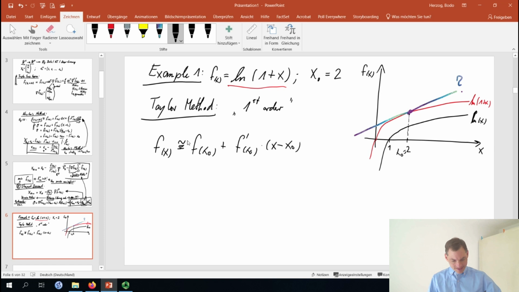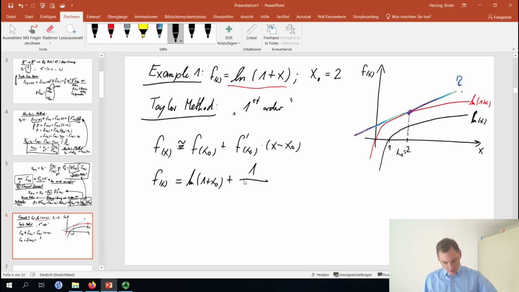Okay, if this is the case, let's do it. Well, this function f of x is then the log function at my reference point, log of 1 plus x0, plus the derivative of this log function. Well, what is the derivative of the log function? That is, of course, what you have learned already in high school, and I guess also in the first semester again.